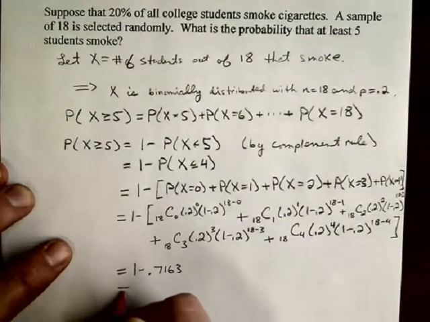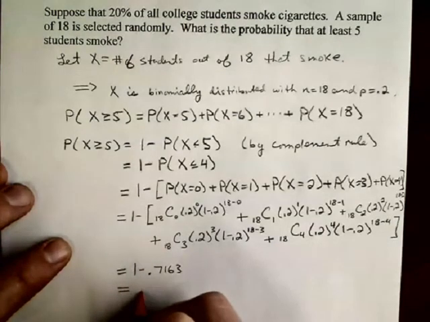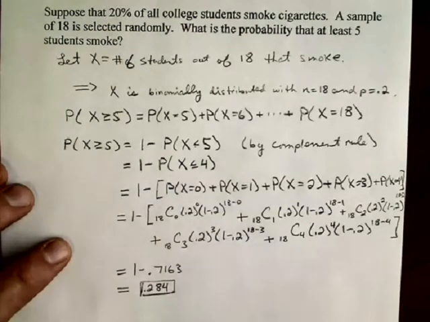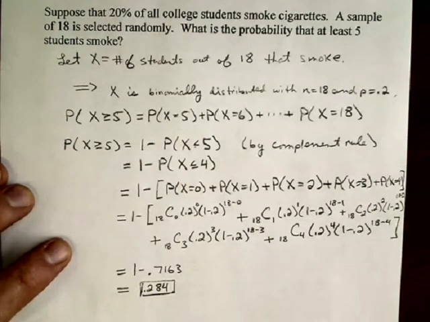If you take that from 1, you get 0.284. So 0.284 is the answer to the question here. The chance is about 28% that 5 or more students will smoke out of this group.